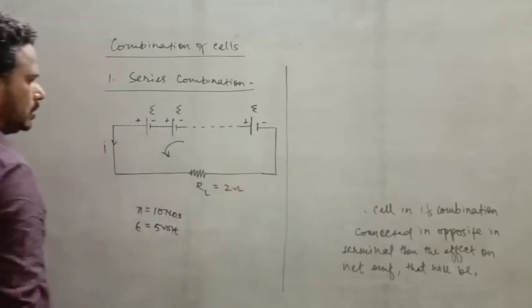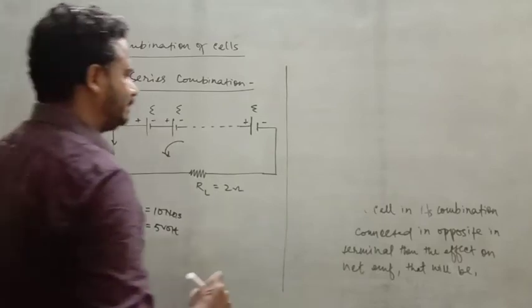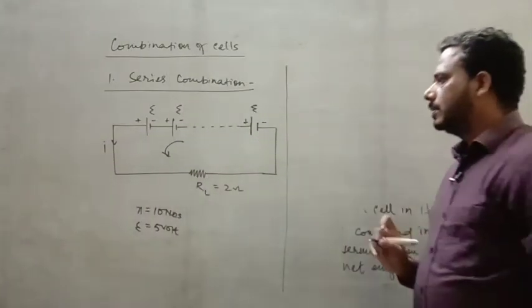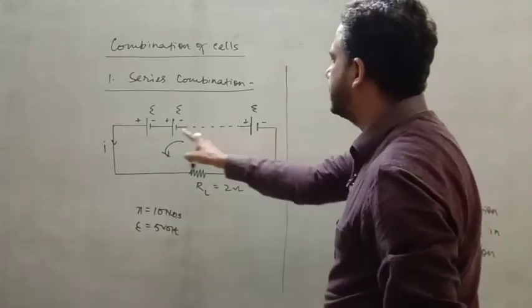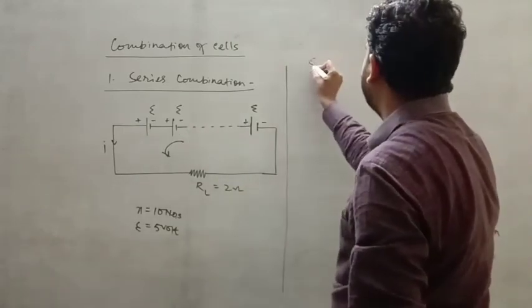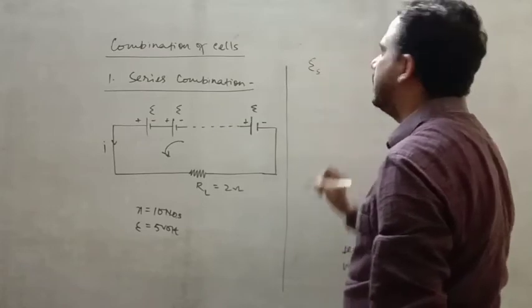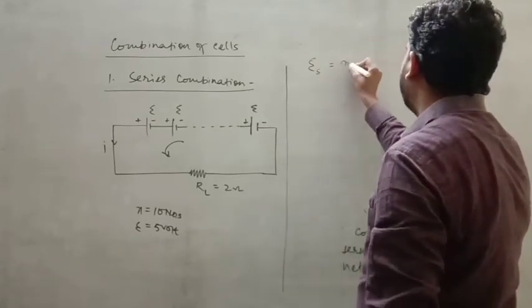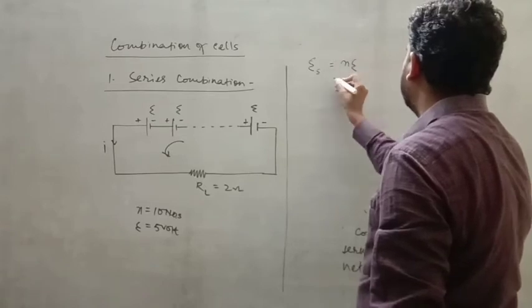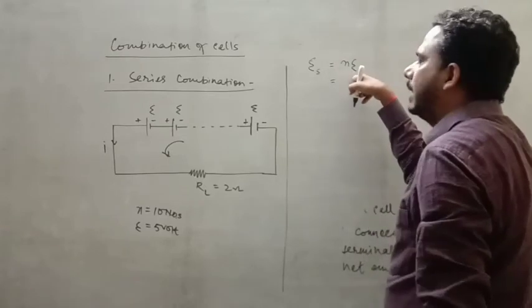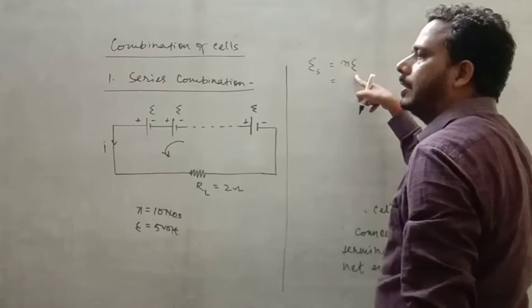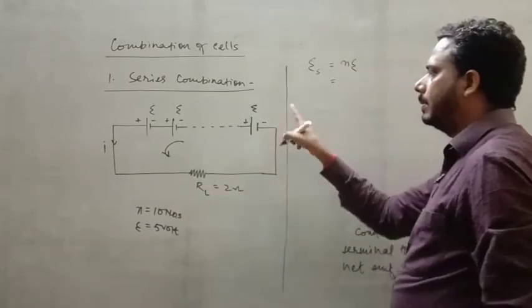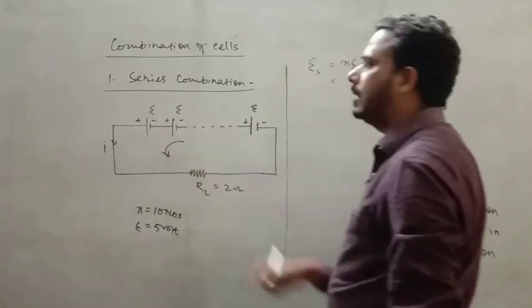So you have to find the equivalent EMF. Because this one is connected in series, the equivalent EMF would be ES, and this ES is simply n times E, because each cell has the same magnitude E, and n is 10 because there are 10 cells connected in series.